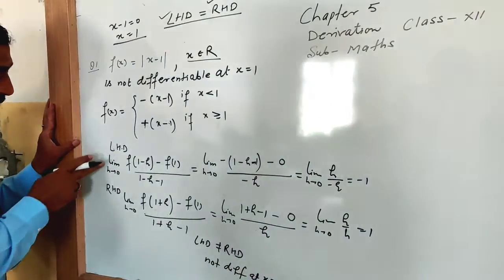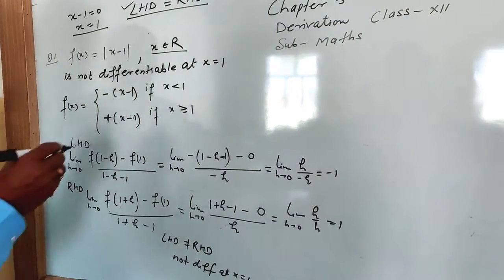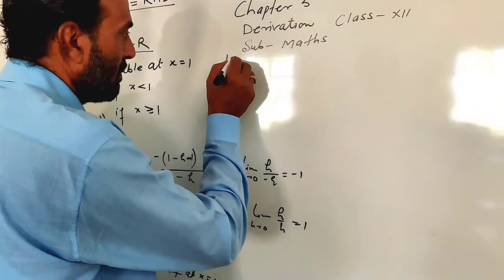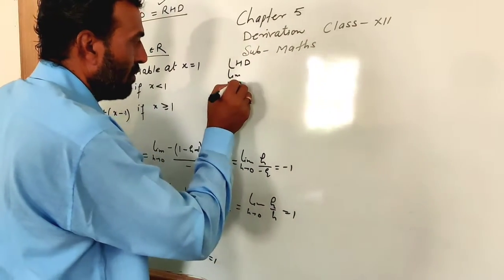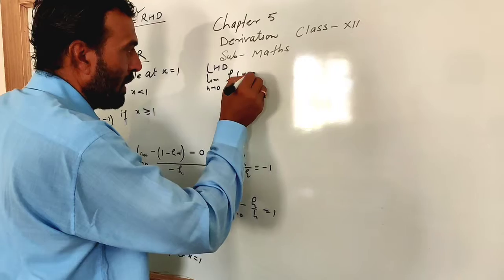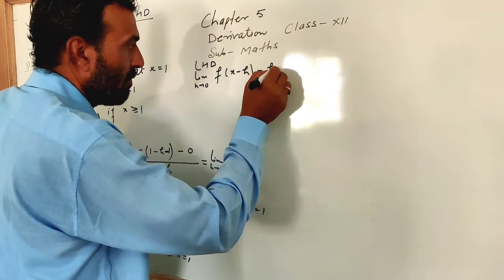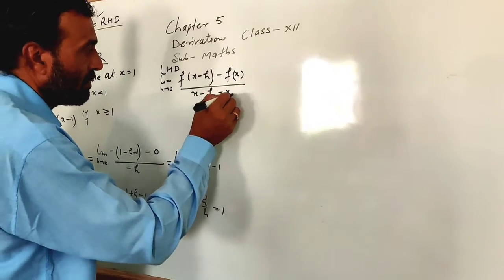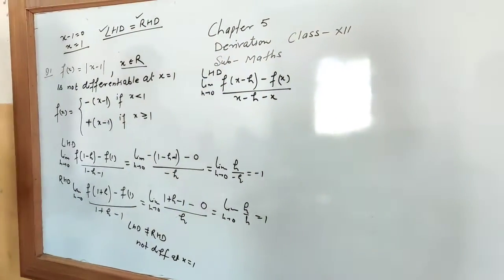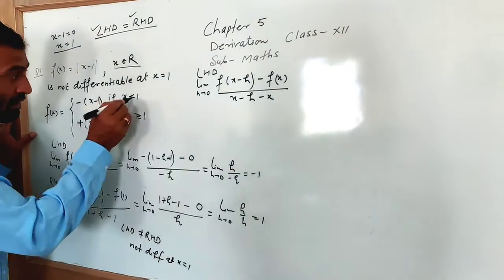We are taking the left hand derivative and right hand derivative. The formula of the left hand derivative is the limit h tending to 0 of f(x minus h) minus f(x) upon (x minus h) minus x. This is the formula for the left hand derivative. Here x is less than 1.